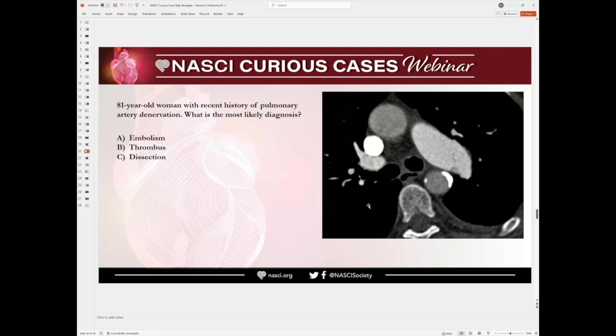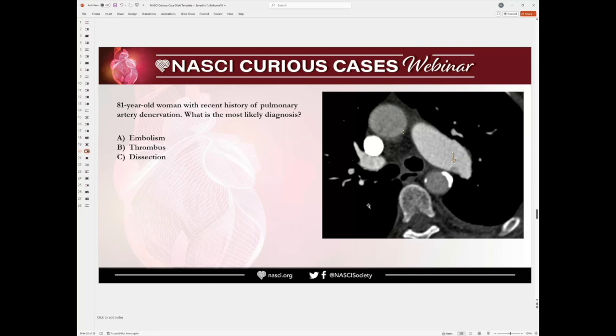Well, I'm Googling what pulmonary artery denervation is. Yes, I did the same. I will share some information. If this is a recent intervention, that will be concerning for something very, very rare that I have never seen so far, like dissection.